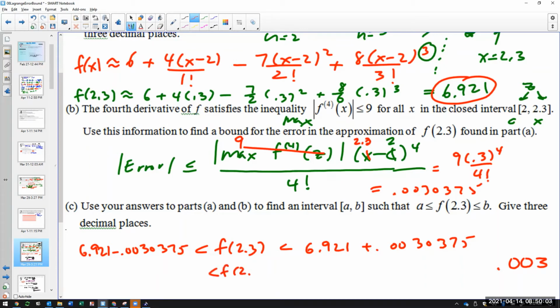So what that means, if we calculate it, is that this sits between, and I guess it's an equal here, so they're saying put equals here. So there's an equal here.